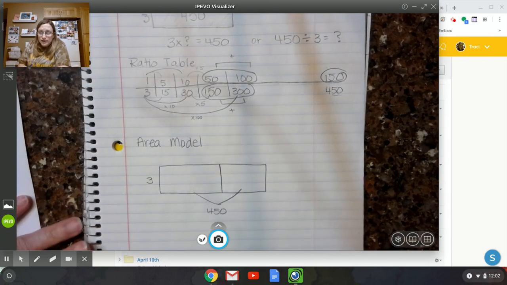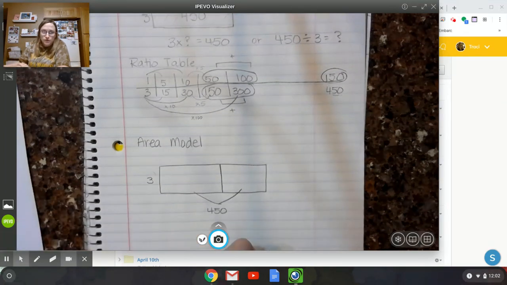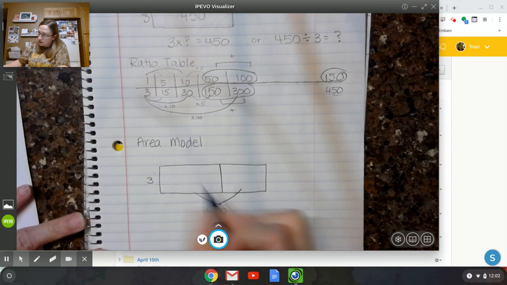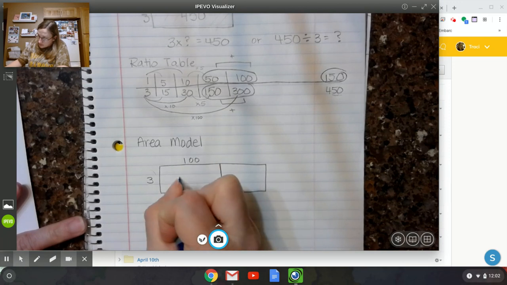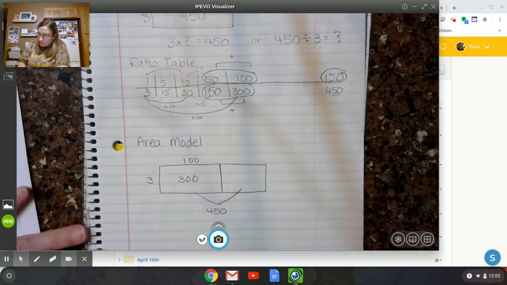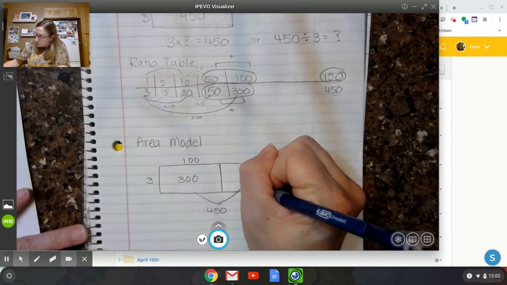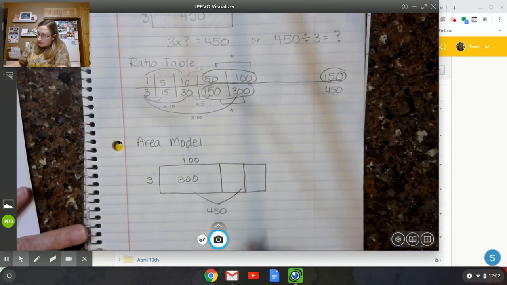Now the tricky part is I want to try and work with this 3. I can't just pick some random numbers because a 3 may not go into those numbers. But I know 3 times 100 is 300. And maybe I'm going to break this down a little bit more. All right.